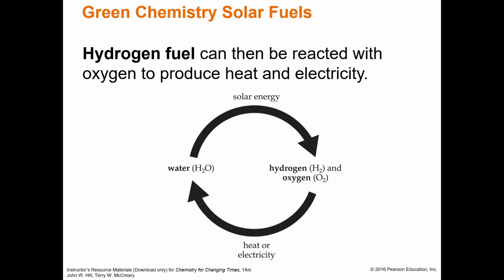An interesting side note, by the way, is water is actually a greenhouse gas. It is actually the largest part of the greenhouse effect that is causing global warming, but it is not something we can control going into the atmosphere, and so we typically ignore it.